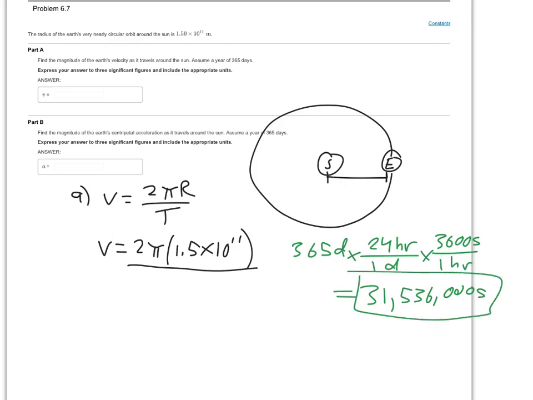Okay? So we're going to divide by that period in seconds. And we end up getting the velocity of the Earth as it moves around the Sun as 29,885 meters per second. Rounded to 3 sig figs as it asks, that becomes 29,900 meters per second.